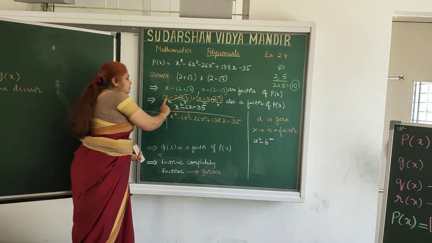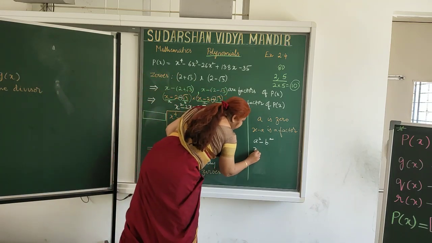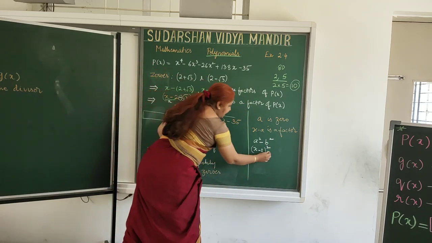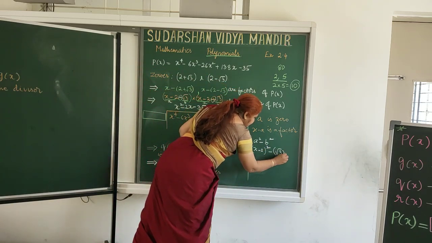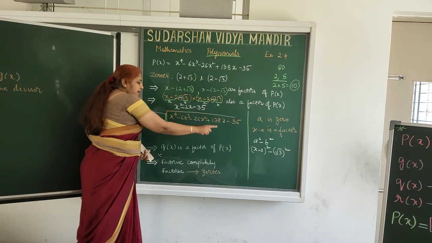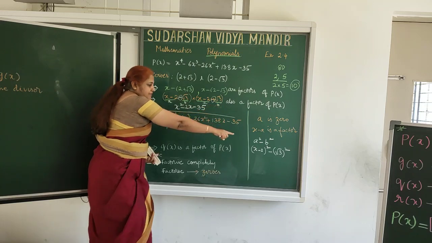So let us try to multiply this using the formula. x minus 2 the whole square minus root 3 square, A square minus B square.